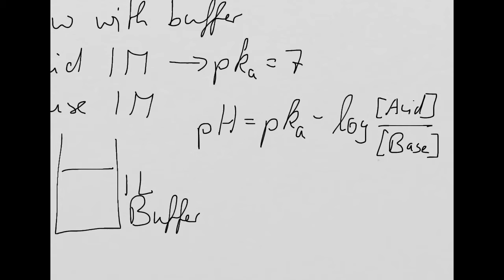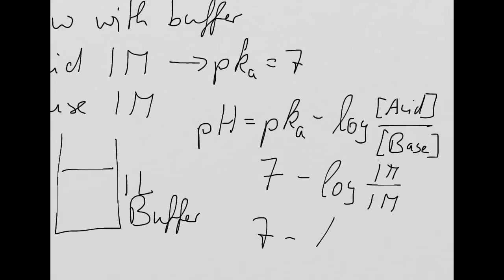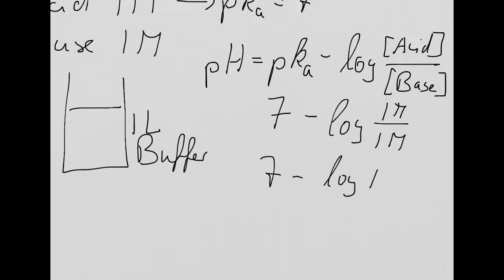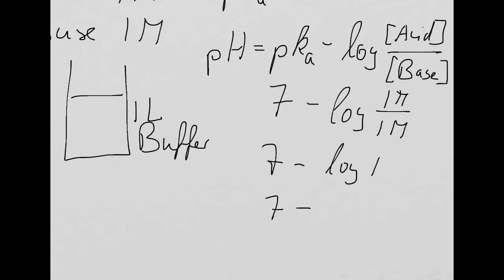So, what did you get? pH is 7. So pKa is 7 minus log 1 molar divided by 1 molar. That gives 1. So 7 minus log 1, 7 minus 0.